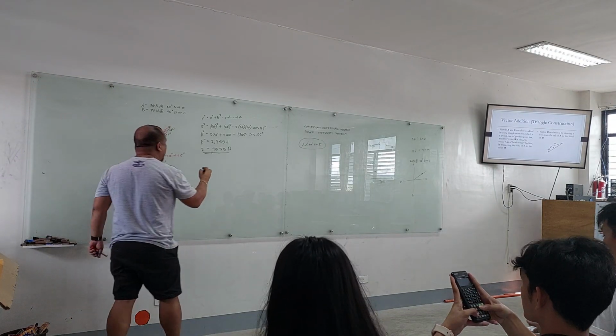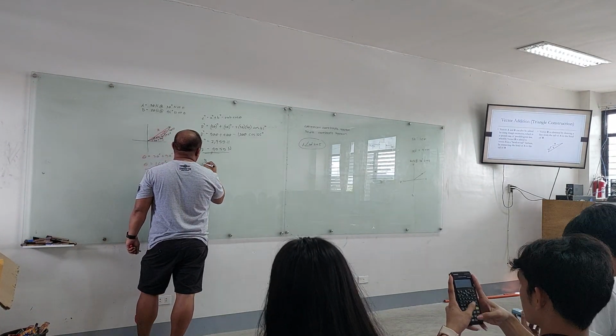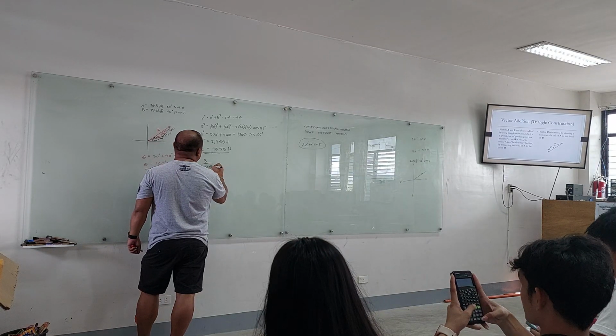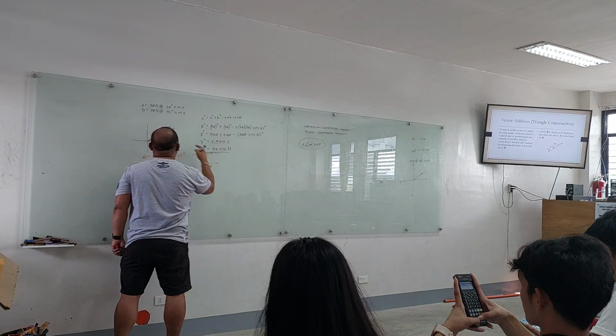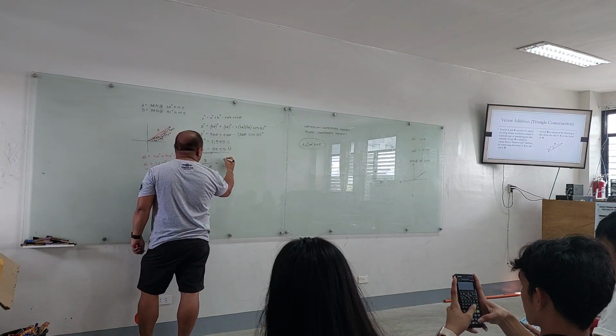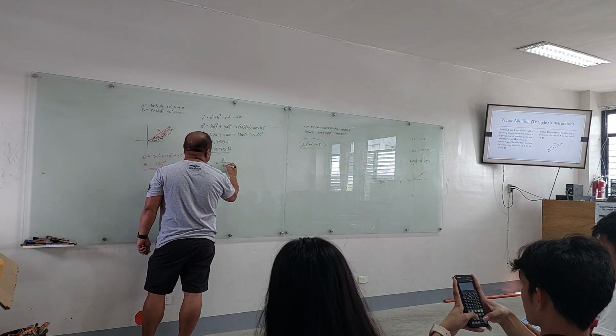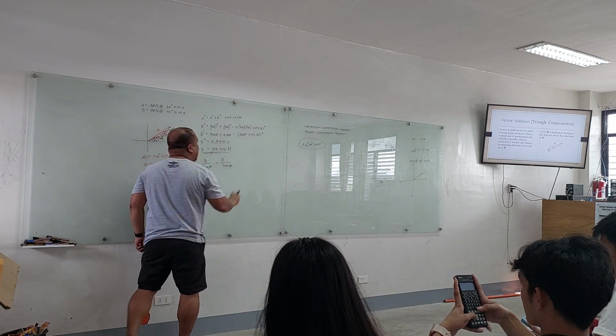Using sine law, we have B over sine of beta is equal to R over sine of theta.